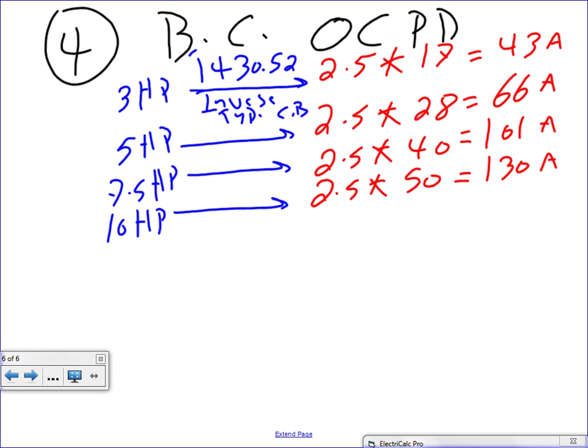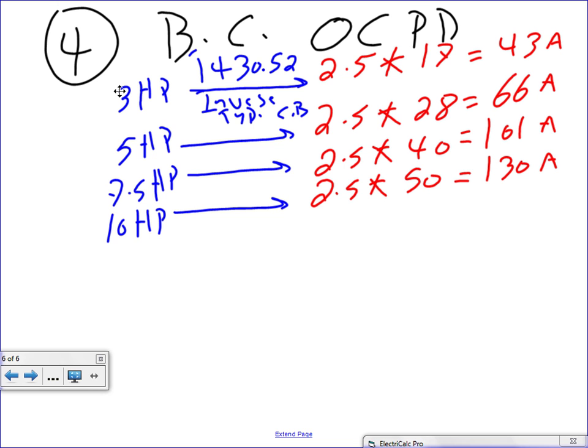So the last column, first row, would give you 250 percent. Now I have no idea what size these circuit breakers are. Can I find a 101 amp circuit breaker? I can't find a 101 circuit breaker.